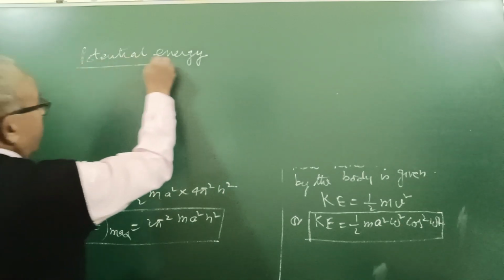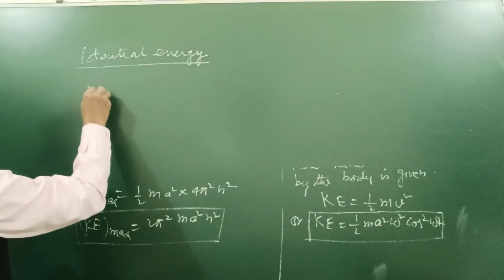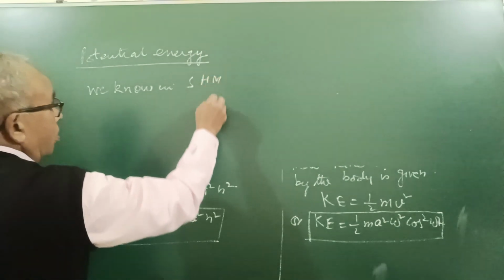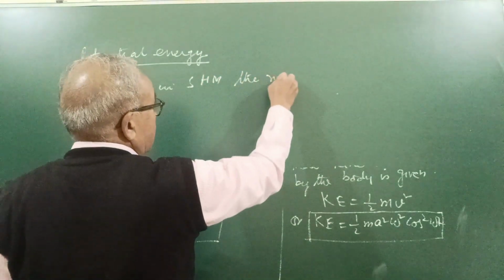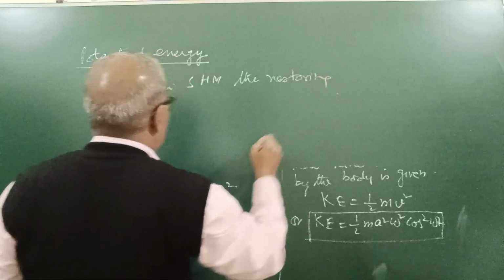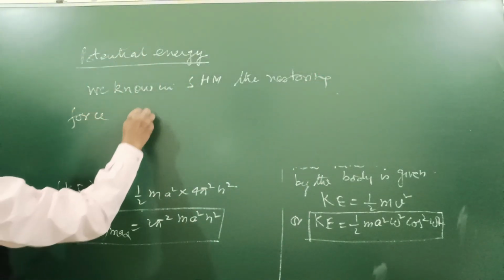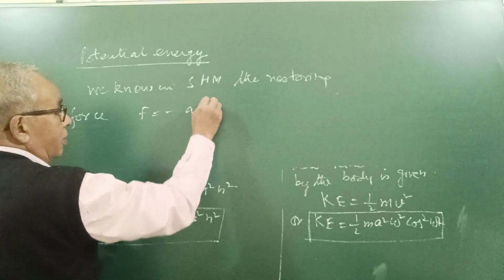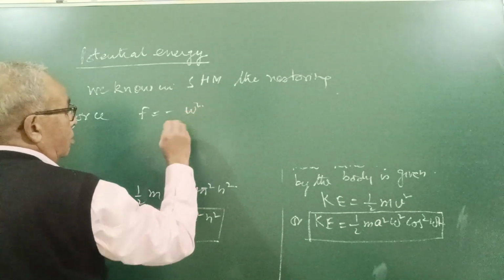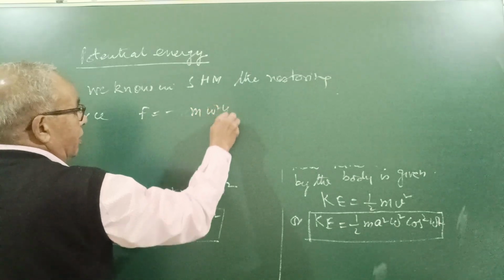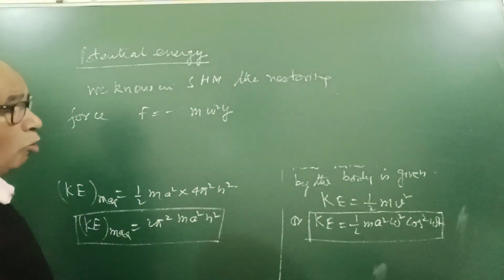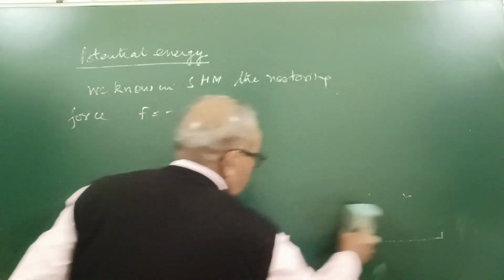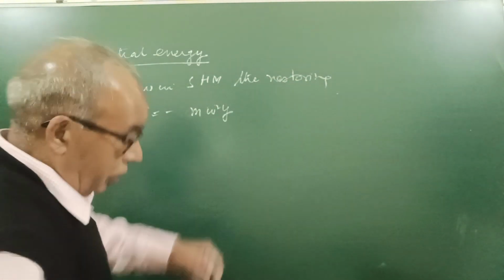We know in SHM the restoring force F is equal to minus m omega square y, where m is the mass of the body and omega is the angular frequency. As y equal to 0, F equal to 0, so this force will be increasing.